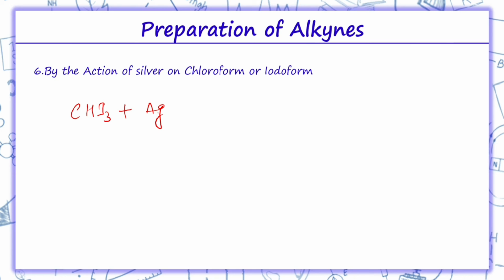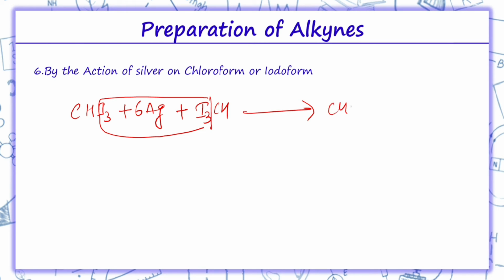We take 2 moles of iodoform, so we write 2 CHI3, and this I3 and Ag will be removed; we take 6 moles of Ag. So we get CH triple bond CH plus 6 AgI. This is how we prepare alkynes by the action of silver on chloroform or iodoform.